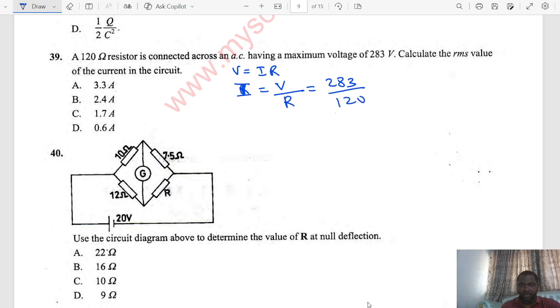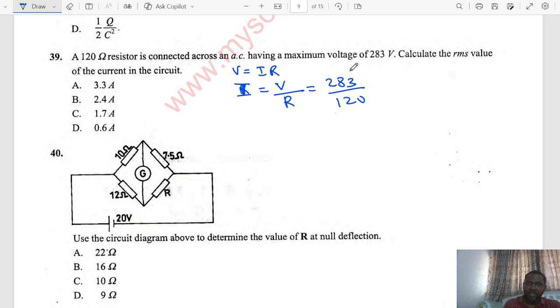Okay, so I can divide that quickly. 283 divided by 120. That is giving me 2.358.